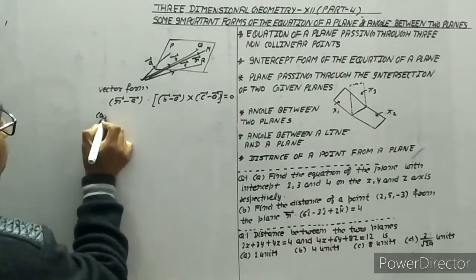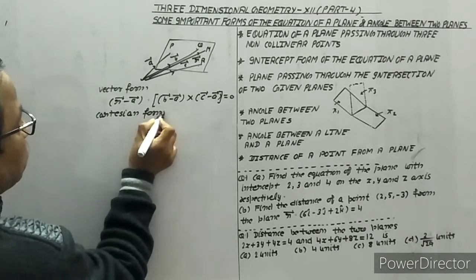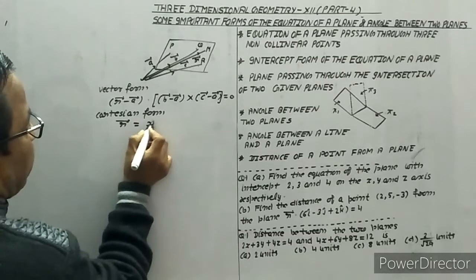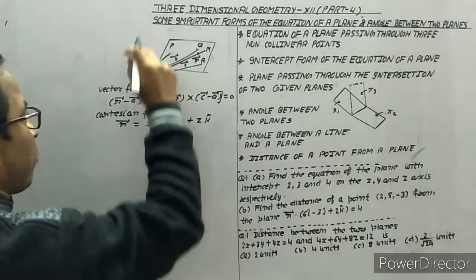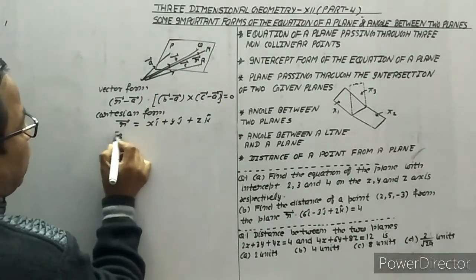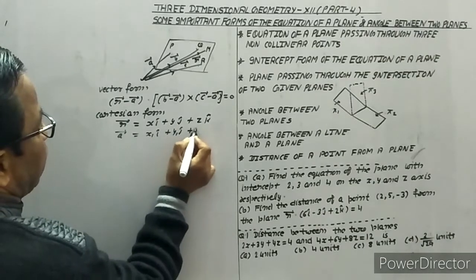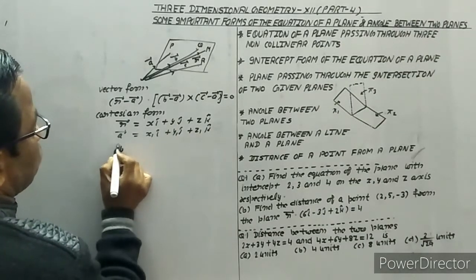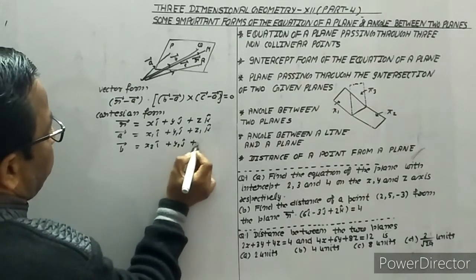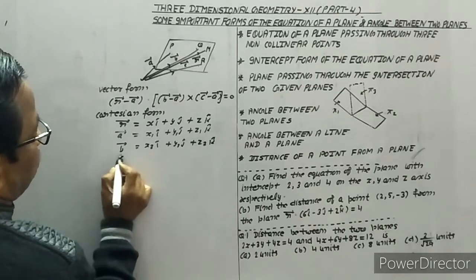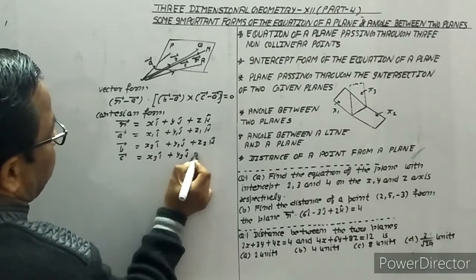Now, what will be the Cartesian form? For the Cartesian form, we always take R equals xi plus yj plus zk, and because these three points are on the plane, we take vector A equals x1i plus y1j plus z1k, vector B equals x2i plus y2j plus z2k, and vector C equals x3i plus y3j plus z3k.